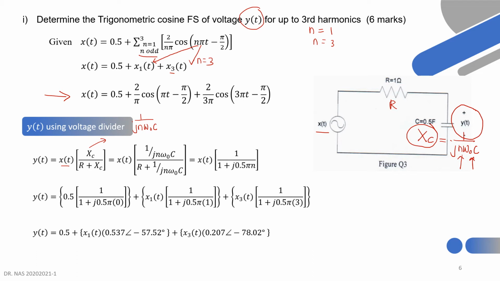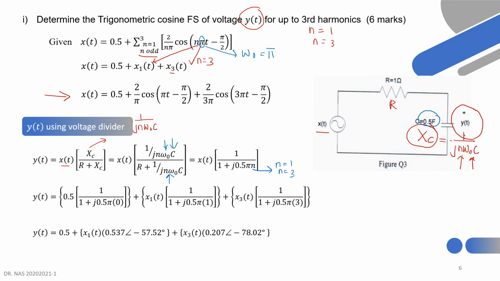From the equation, you will see that omega naught in this case equals pi. So you can replace your omega naught with pi, and this one as well. And then your C is equal to 0.5 farad. And n will vary, either 1 or 3.